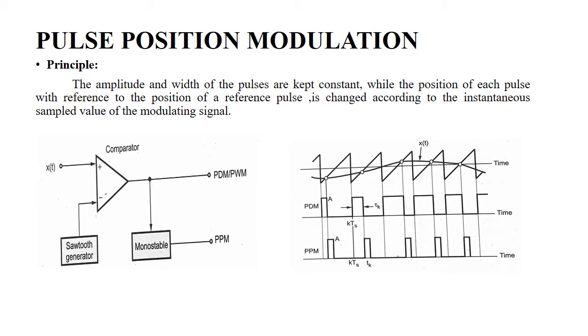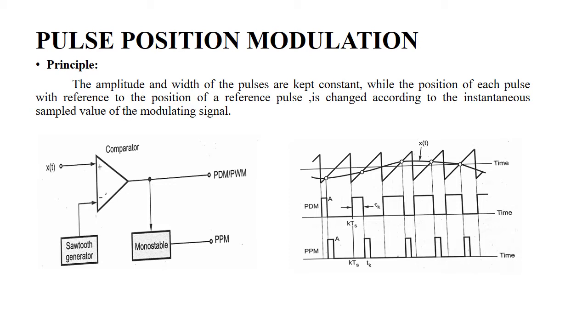The output of the comparator is high when the instantaneous value of x(t) is higher than the sawtooth waveform. So the leading edge of the PDM signal occurs at a fixed time period. kTs is the trailing edge of the output of the comparator, and it depends on the amplitude of the signal x(t).